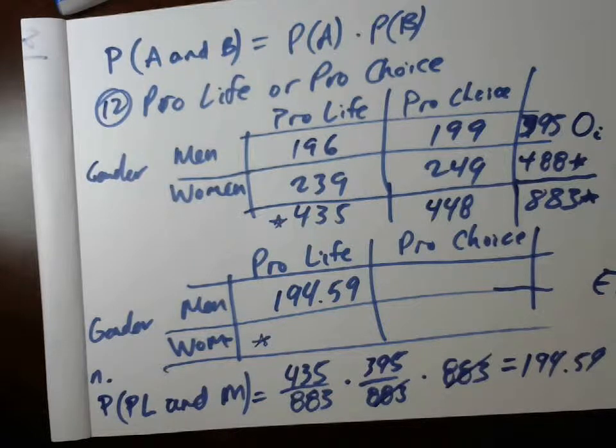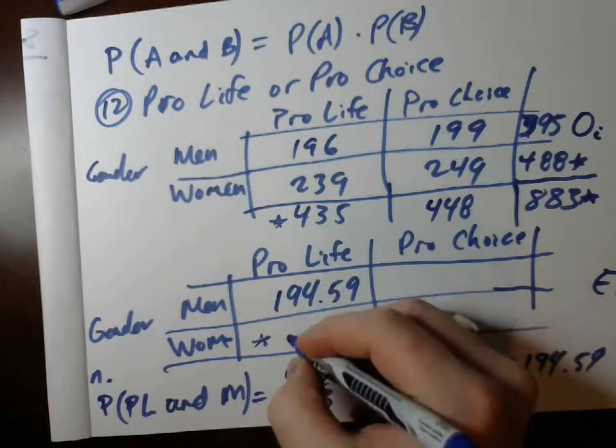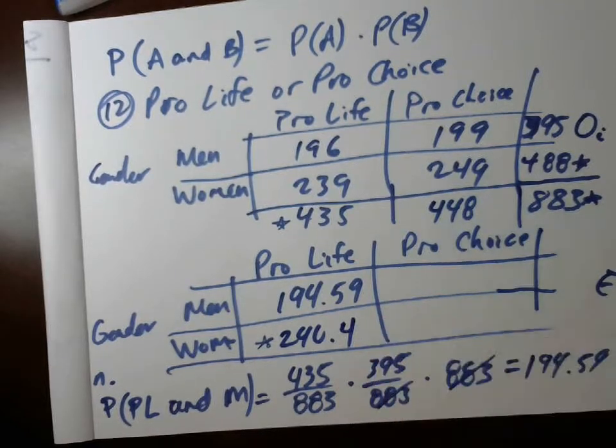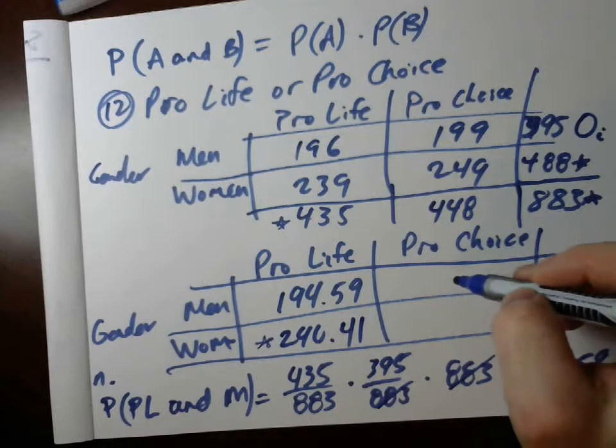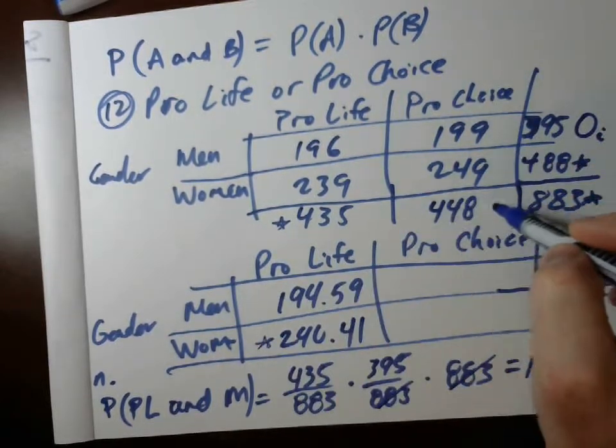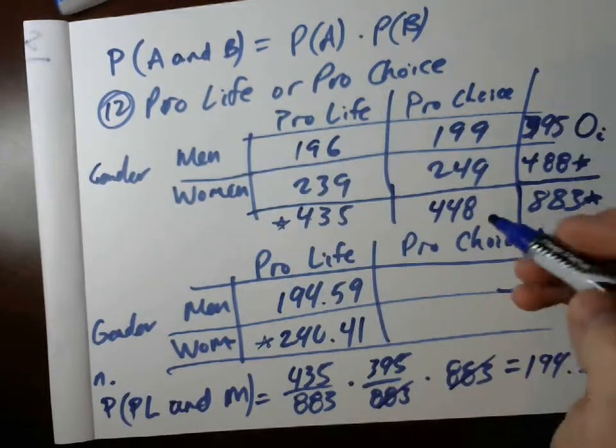So I got 240.41. And then similarly, for pro-choice male, the pro-choice total is 448 and male is 395.